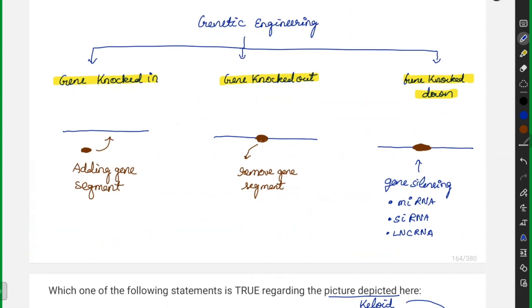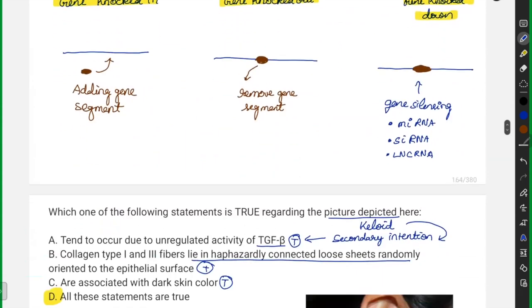Knocked out, removing a gene component. Whereas knocked down, you're adding a gene component in order to inhibit it. That is called gene silencing, and there are three things: microRNA, small interference RNA, and long non-coding RNA, which is called lncRNA.